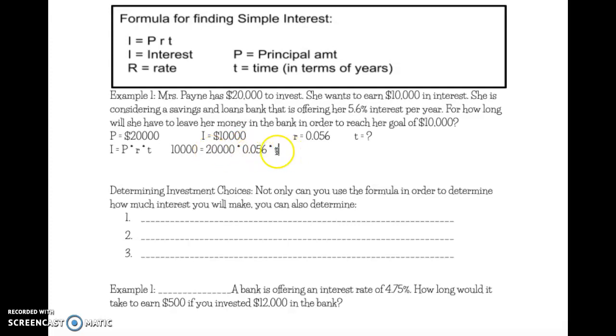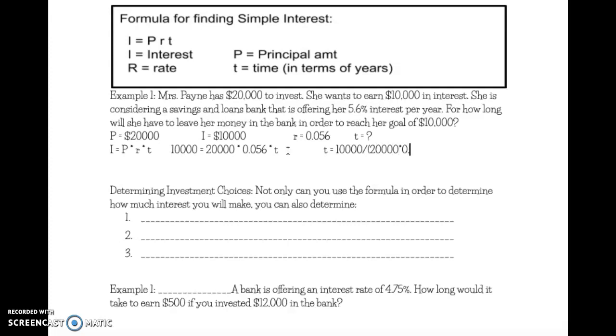Now, in order to solve for this, to get T alone, I have to get all of these things being multiplied to the other side. And the way that I'm going to do this is by dividing. I'm going to divide this entire side by these two in order to get T by itself. So T is equal to $10,000 divided by that whole right side.